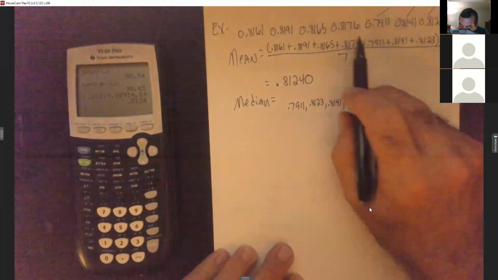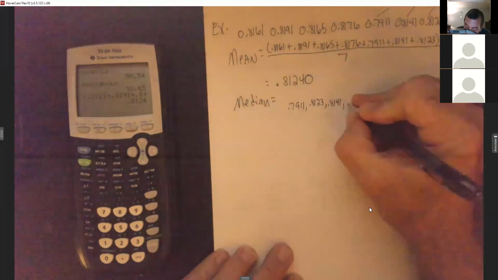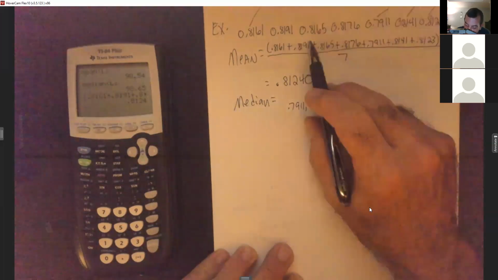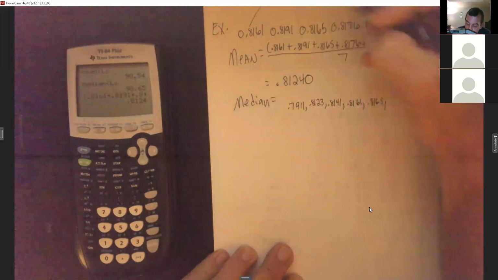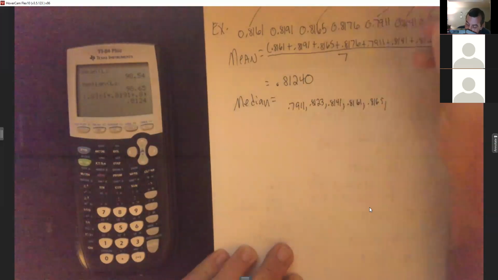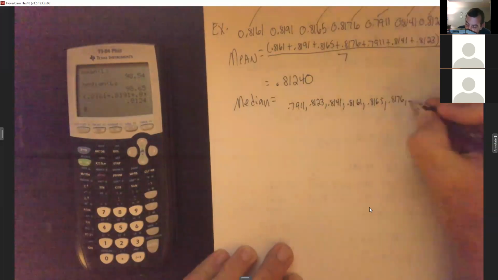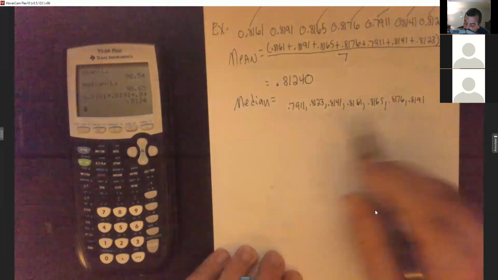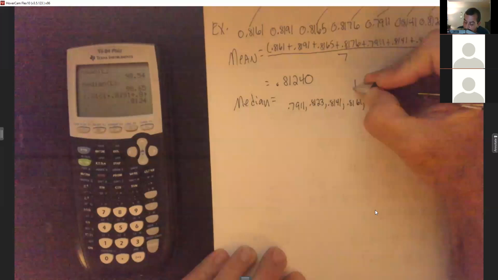So what's next? I got 61. So 0.8161 takes care of that. 0.8165. 0.8176, and then finally 0.8191. So since this is an odd number, I need the exact center number, which will be the 4th spot.